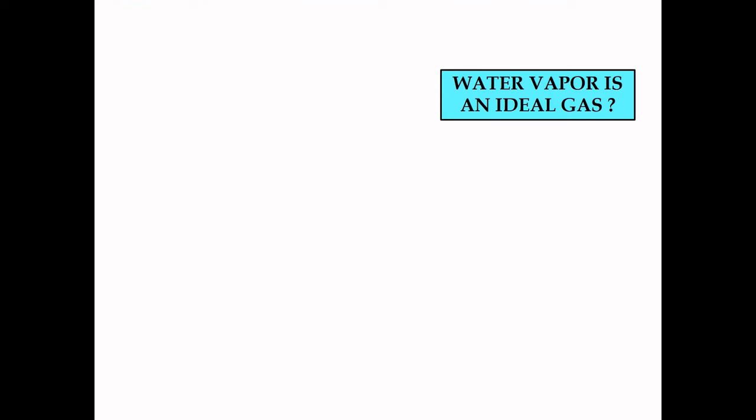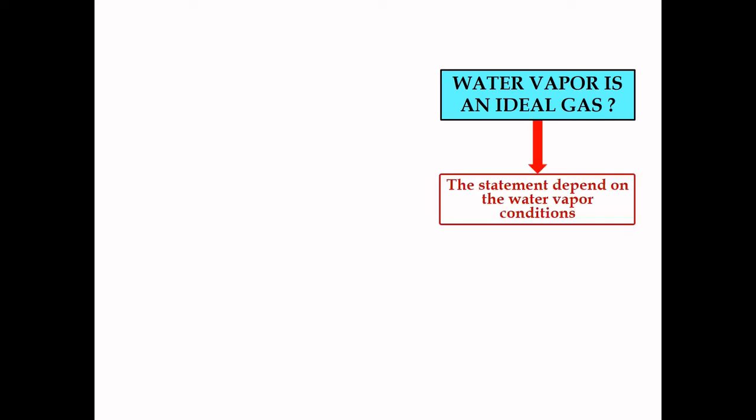Okay, now we want to know whether the water vapor is an ideal gas or not. Whether the water vapor is an ideal gas or not actually depends on the water vapor condition.